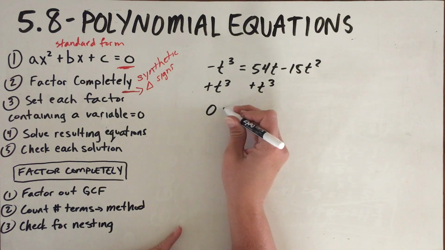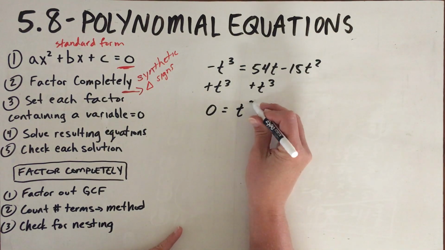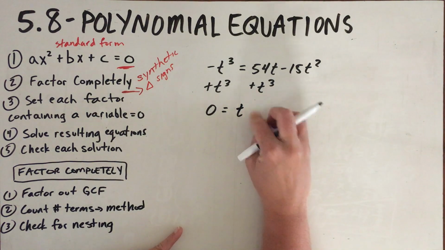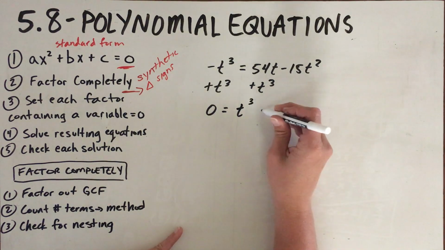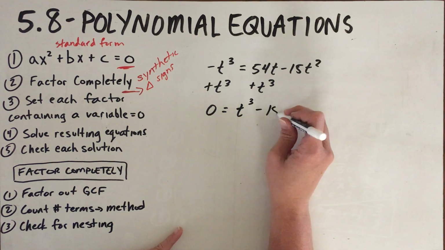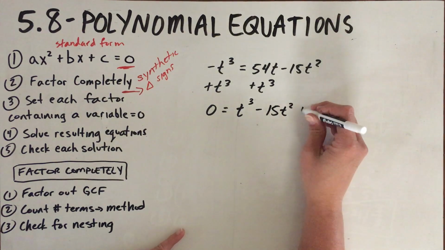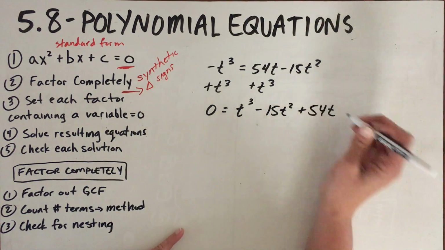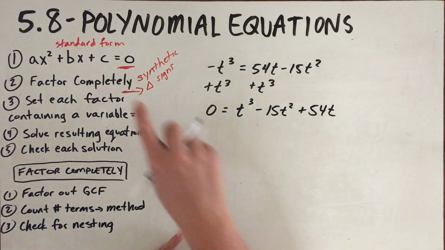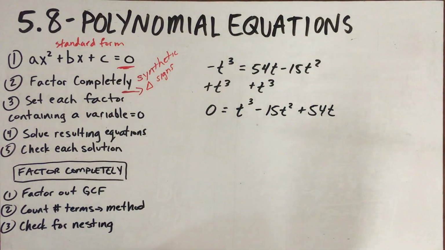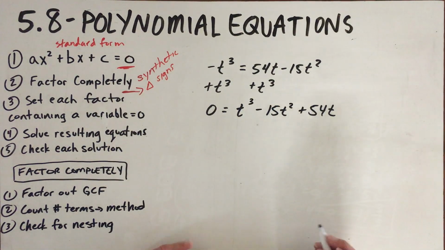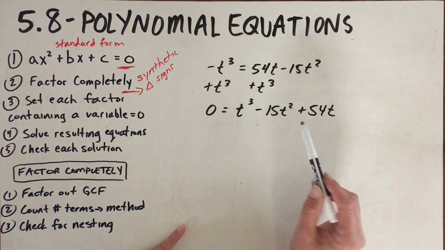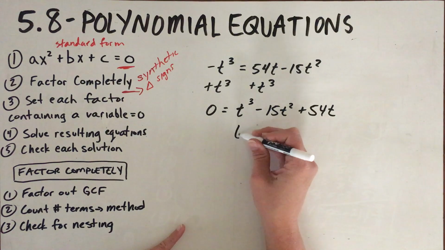So I get that 0 is equal to a t cubed minus a 15t squared plus a 54t. Okay, so whether the 0's on the right side or the left side doesn't matter. So now I'm going to factor completely. Well, my steps of factoring completely is factoring out a GCF. Here, I see that I have a t in common.